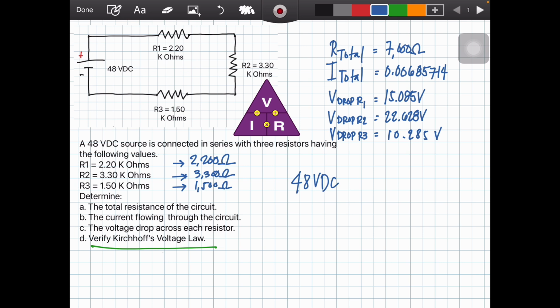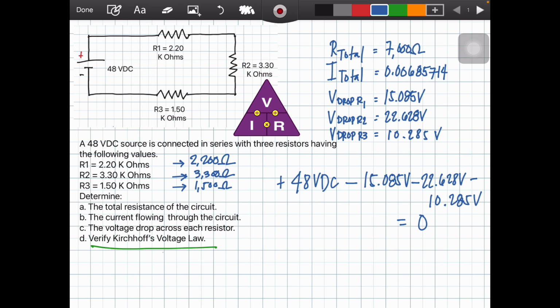Then we subtract the voltage drop for R1, 15.085 volts, then we subtract again 22.628 volts, and then we subtract again 10.285 volts, and what we get out of those is 0.